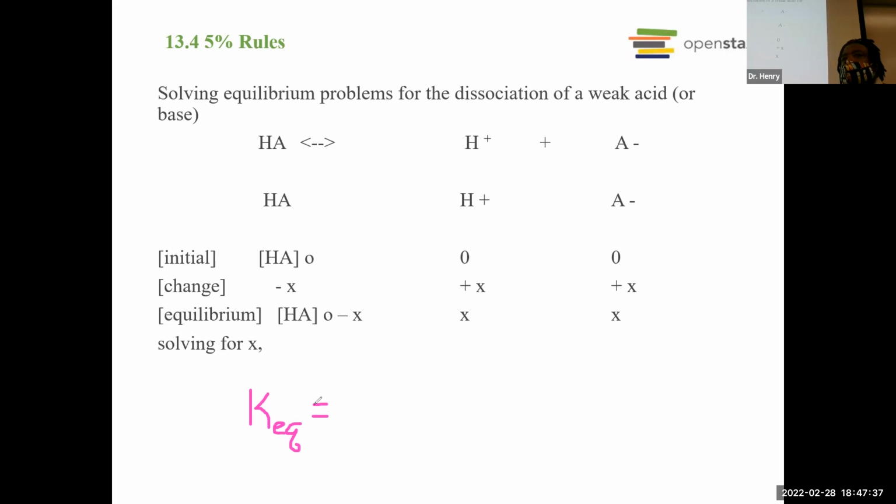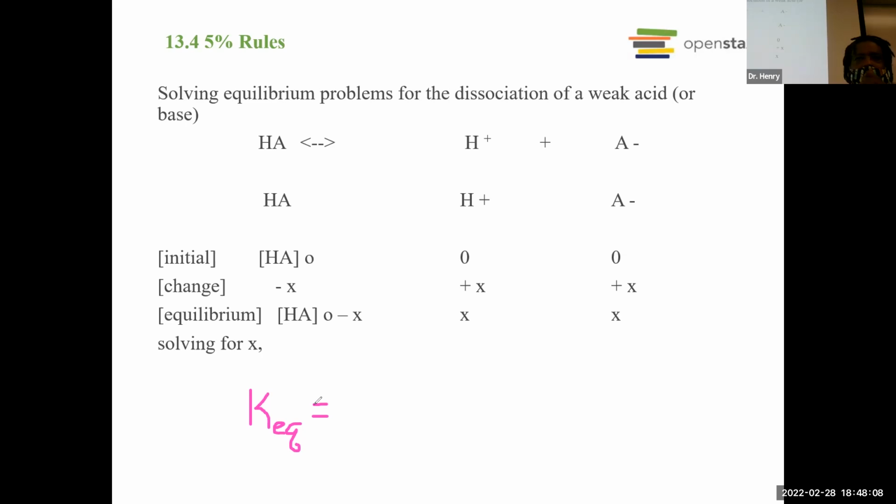So how would I write the equilibrium equation normally? And the equilibrium equation, they're the same equation. So the equilibrium equation is the same as the quotient.